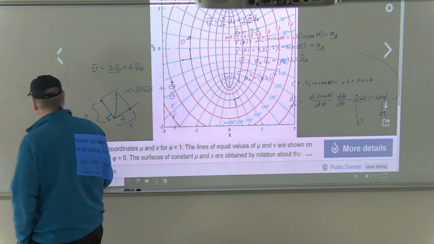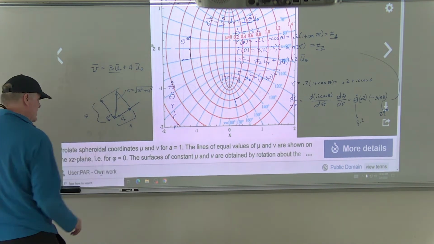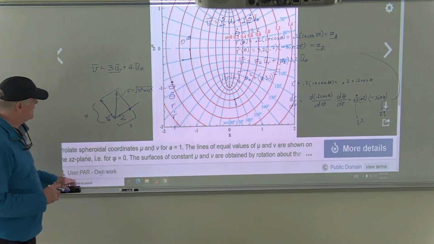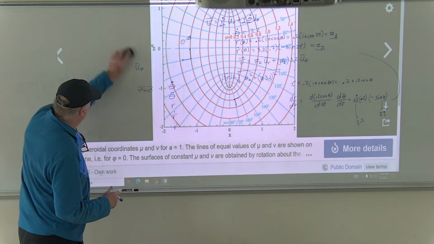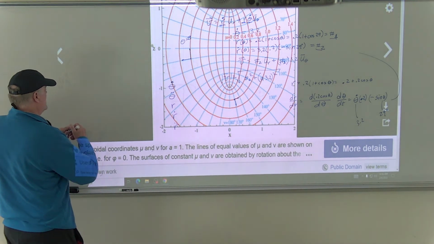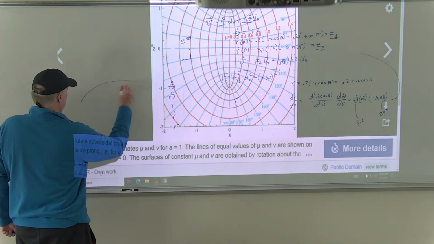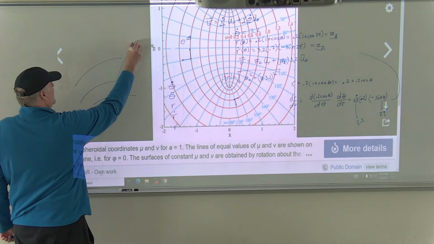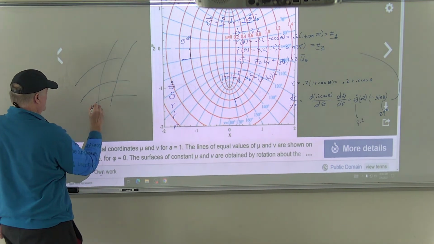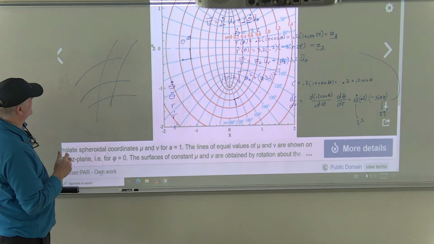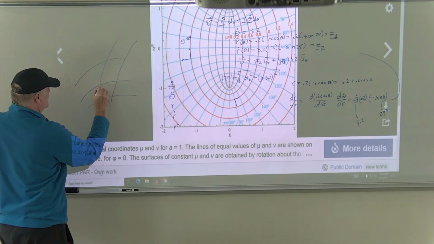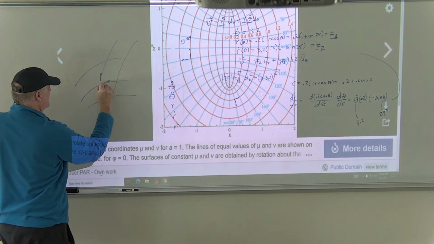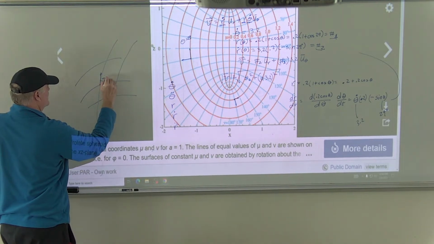But there are other coordinate systems, and if you get really heavy into the math, there's an easy way to generate all sorts of field equations. Let's say you had a field equation like this. It's pretty obvious that if you did a tangent to here and a tangent to here, that's not 90 degrees.